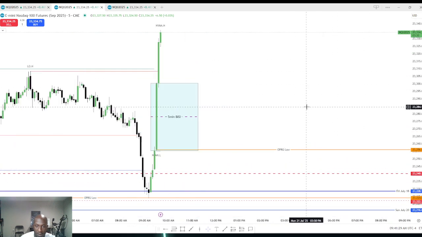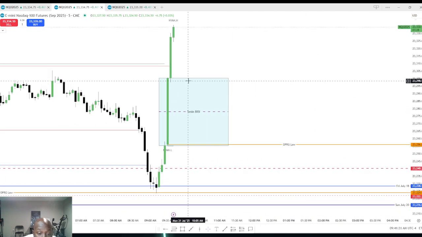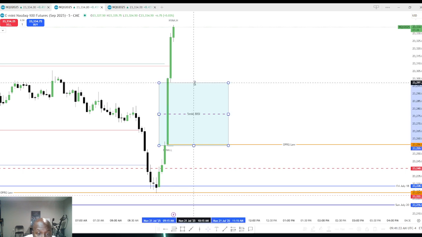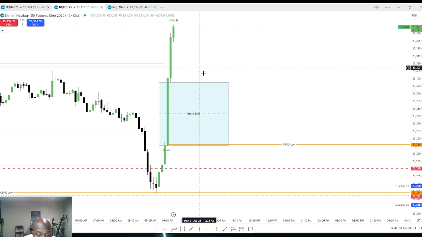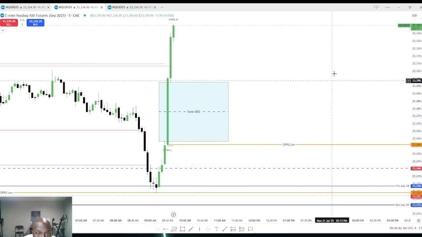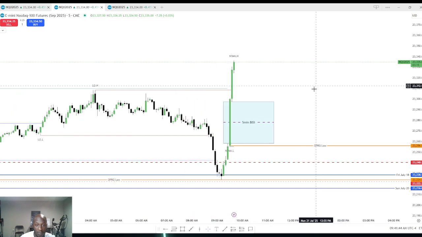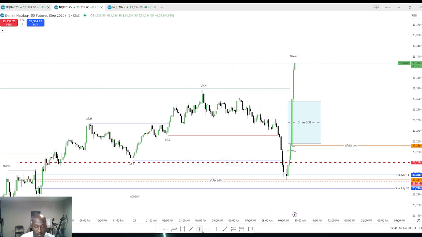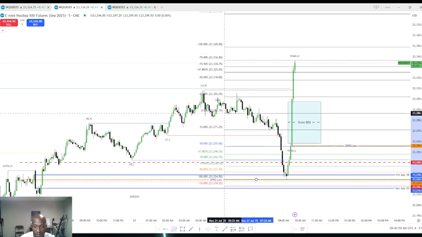Get rid of that. Yeah, might not even get a retracement. Low.